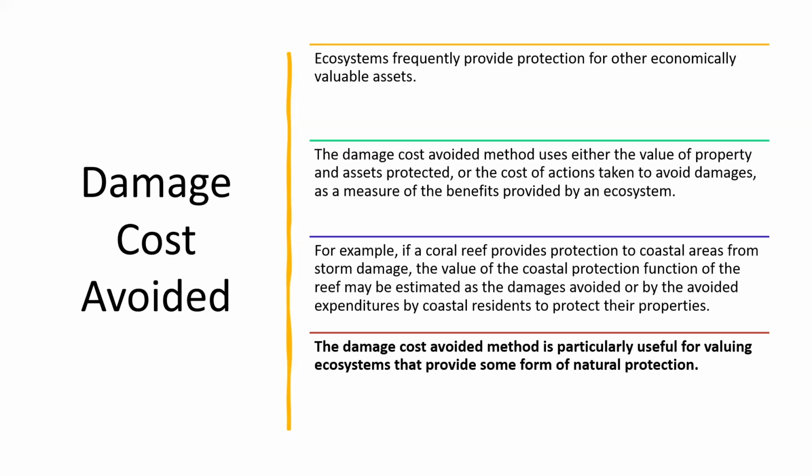So replacement costs, what we're looking at is if we're going to be utilizing or removing an ecosystem service, what we're trying to find is the monetary value of a service, right? And if we were to replace that service, what would we lose? So that's simply what it is.